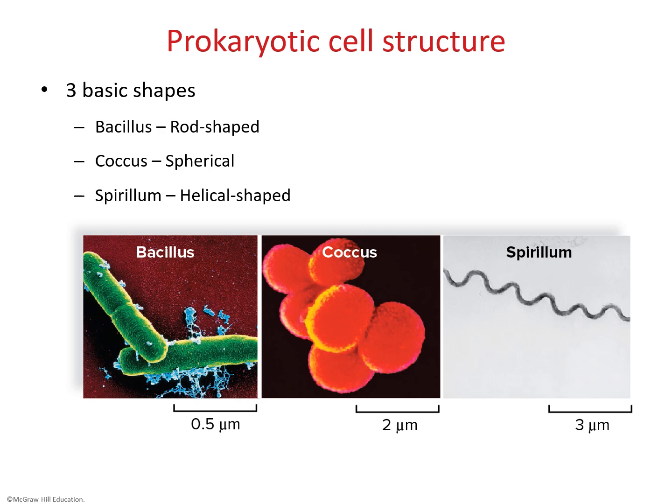So these are the three basic shapes of prokaryotes, and the most important contributor for their cell shape is actually their cell wall. If they do not have a cell wall, these prokaryotes will not have a set shape.